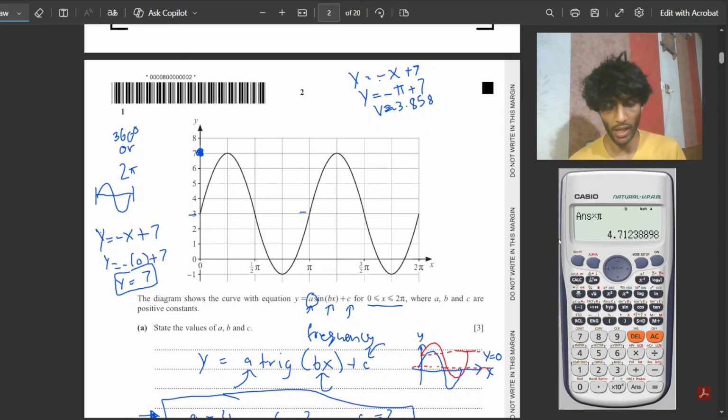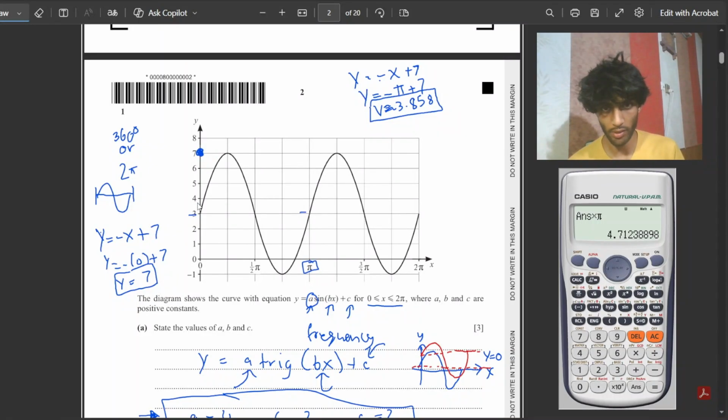That means the value is going to be somewhere over, oh wait, that's the y-axis. Sorry, my bad. 3.858. So this is x equals pi, and then y has to be 3.858. That's going to be somewhere over here. Right there. Okay, that's good enough.